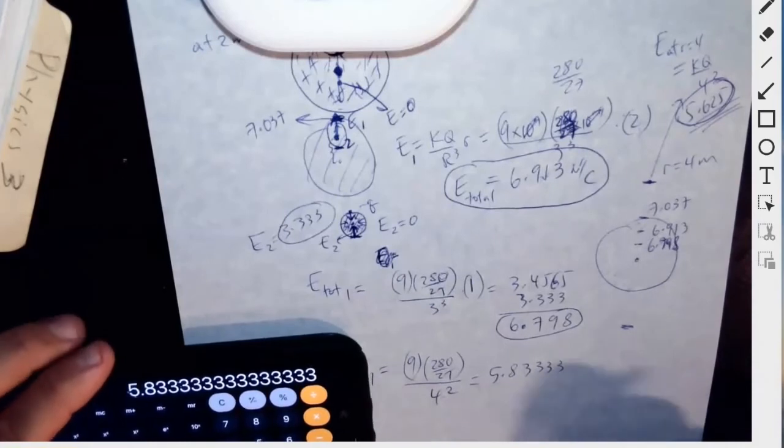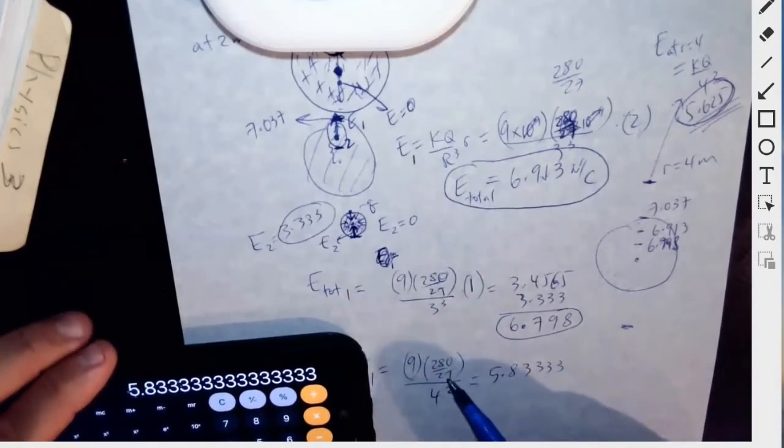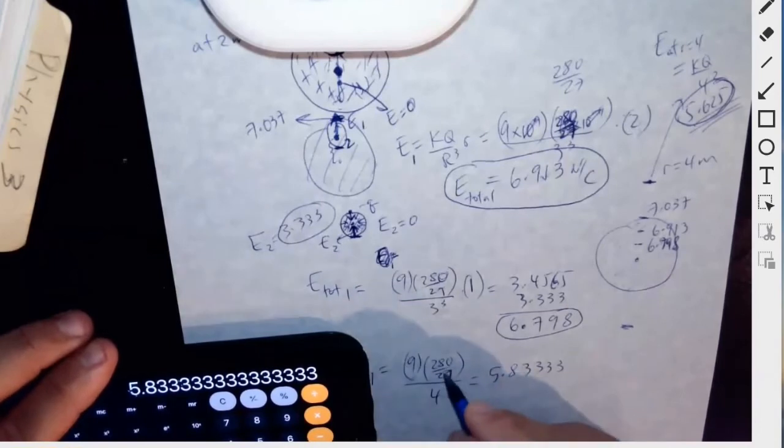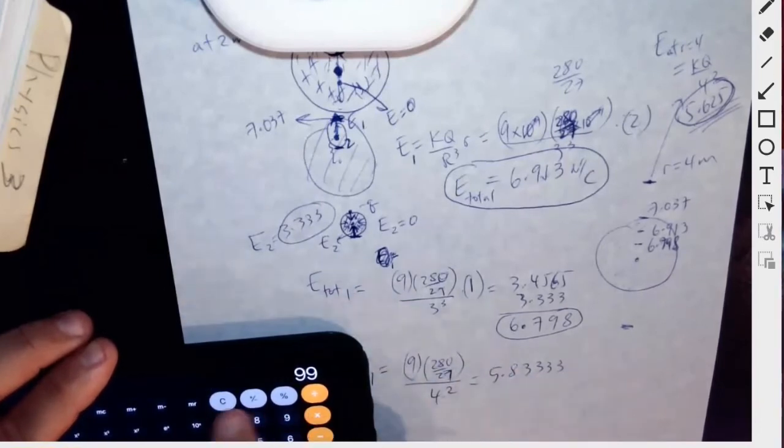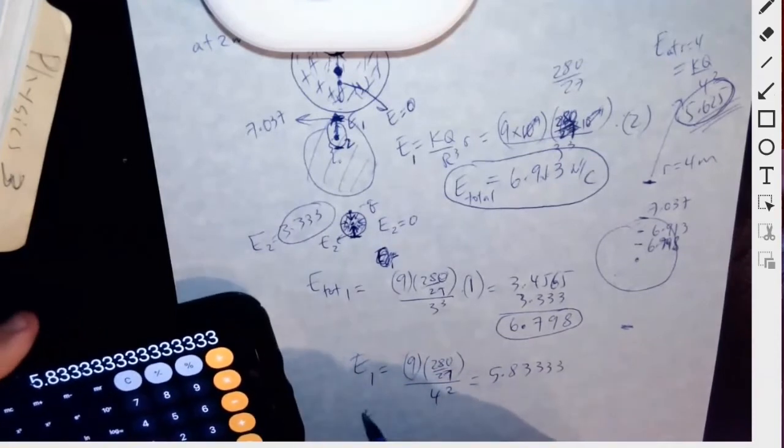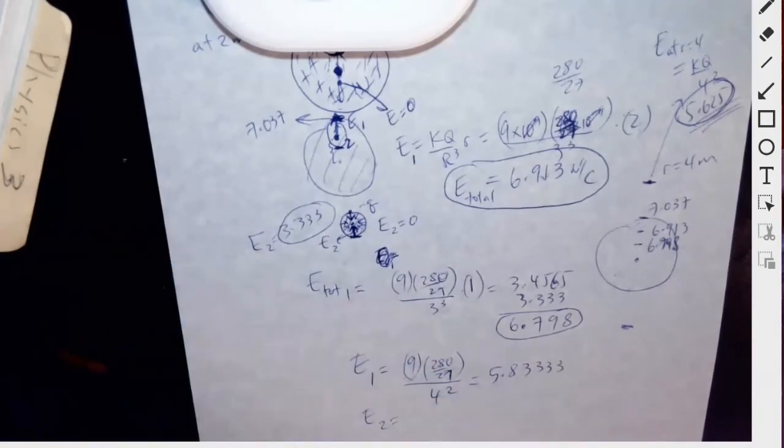That's weird. 9 times 280 over 27, 4 squared. Yeah. Let's double check that, make sure. 9 times 2. Yeah, okay.